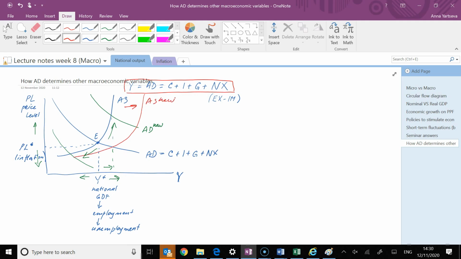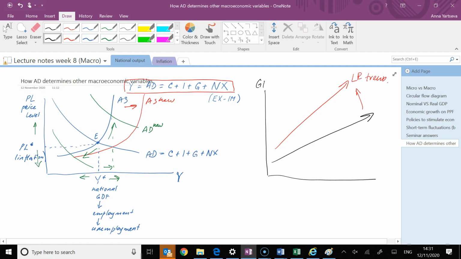And by implementing these new initiatives, by new infrastructure development programs, which will allow us to pivot our growth trend, long run trend. This is GDP, and this is timeline.